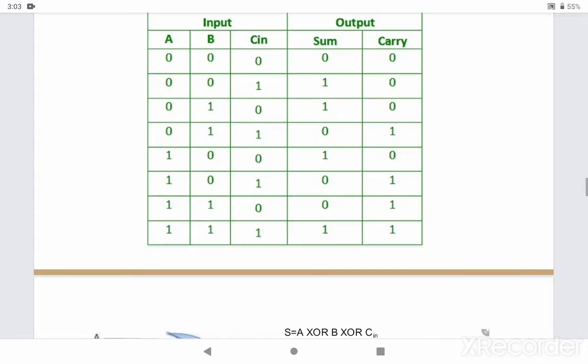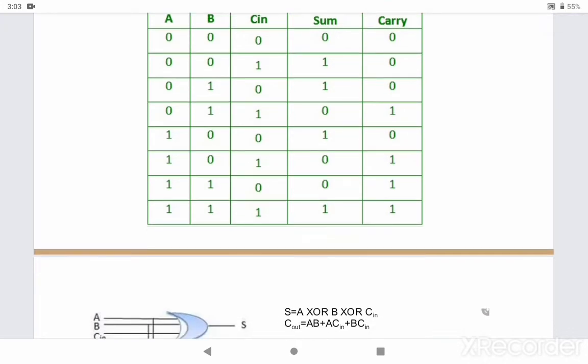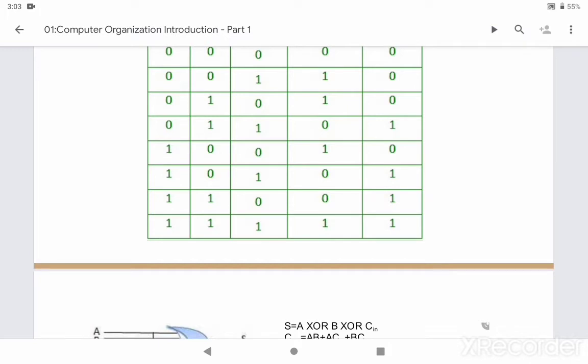Then 1 plus 0 plus 0 is again sum 1 and carry 0. Then 1 plus 0 plus 1 means you are getting the answer 2, and its binary equivalent is 1, 0. 0 will come under sum and 1 will go to the carry part.